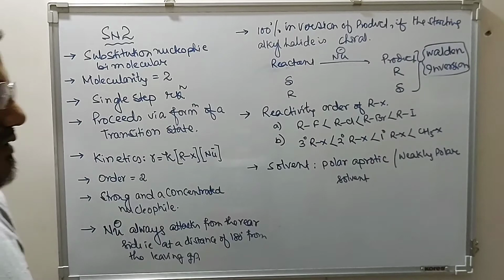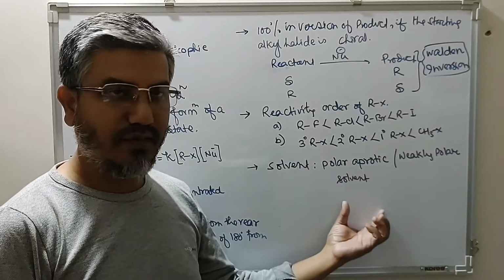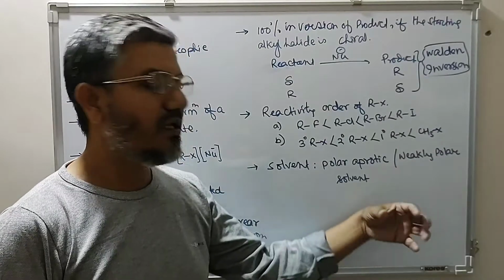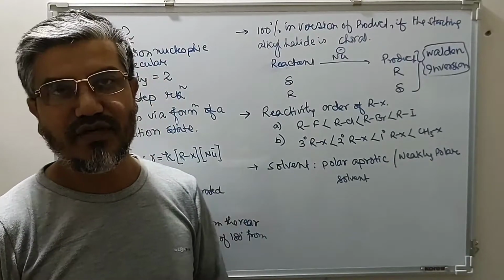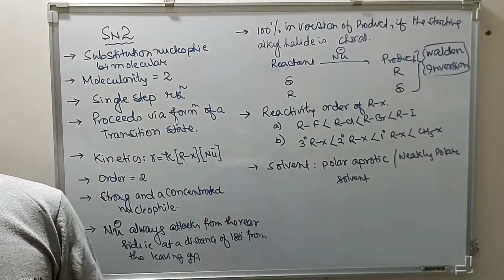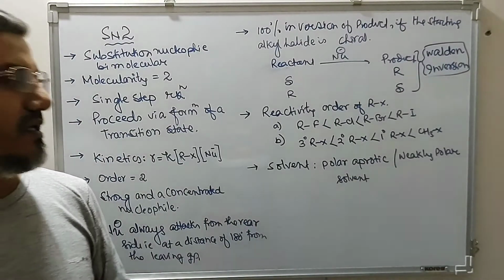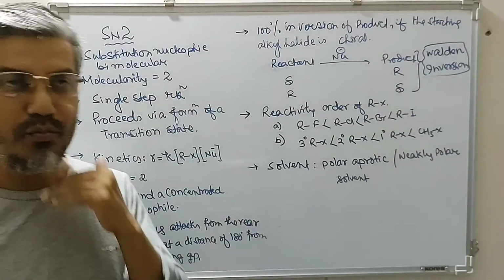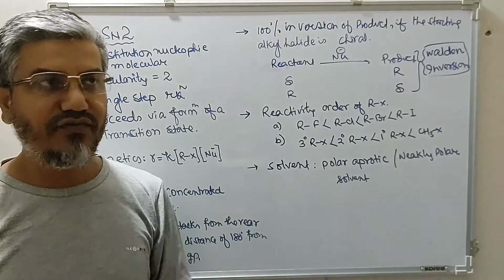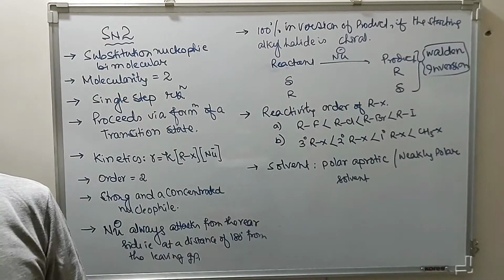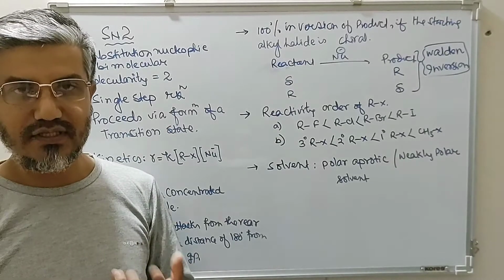If non-polar solvent is not available, then we can use polar aprotic solvent, or we can use a weakly polar aprotic solvent. If the polarity of the solvent is increased, then the rate of SN2 reaction will decrease. So solvent plays a very important role in SN2 reaction, that is substitution reaction.